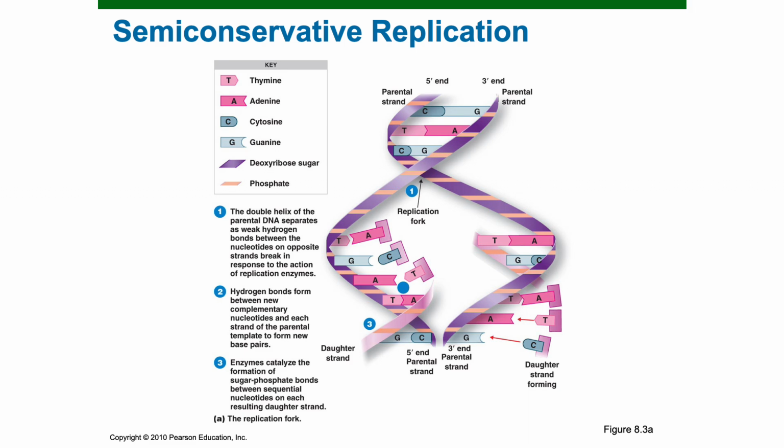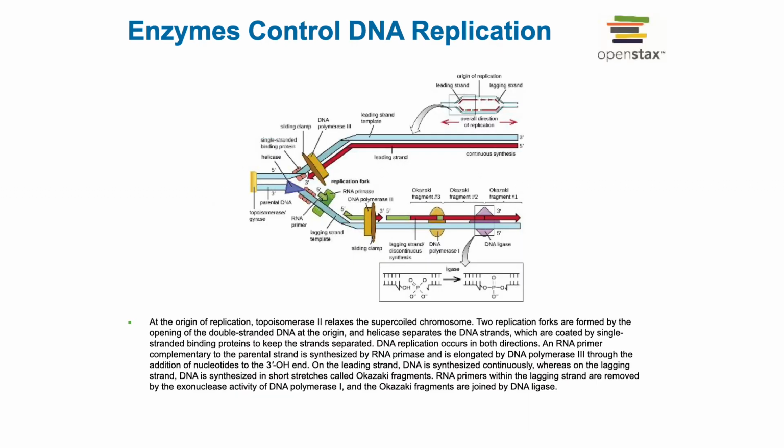This is called semi-conservative replication. To replicate a DNA molecule, you pull it apart, and the old strands are used as templates, or a model, to build the new strand. It's called semi-conservative because the new molecule of DNA has a portion of the old molecule.